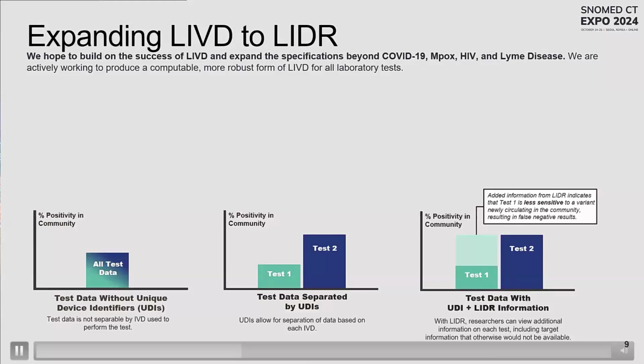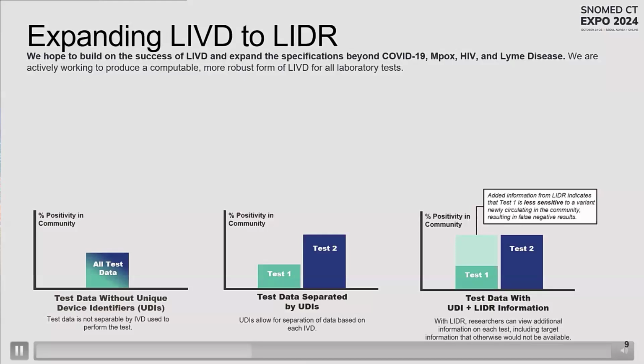But with LIDR, we're getting additional information because we're also getting that IVD device data, and that shows us that certain tests being integrated into this combined test result have less sensitivity to a newly discovered variant.